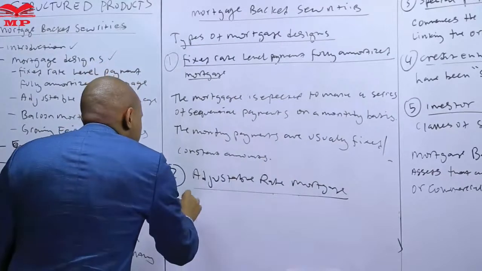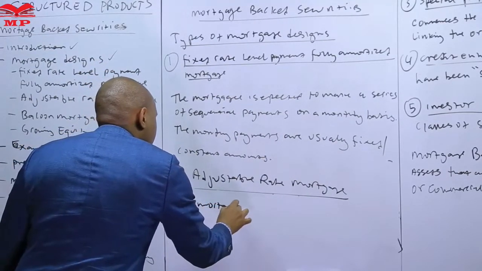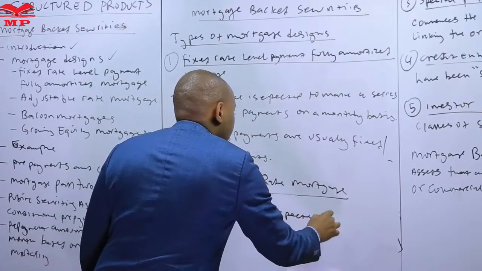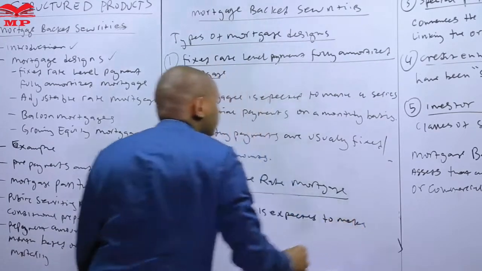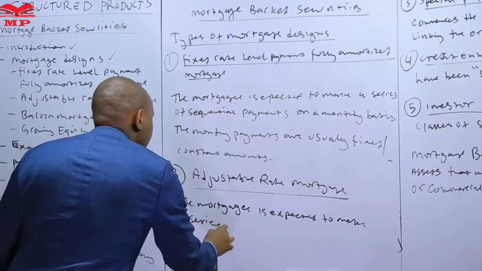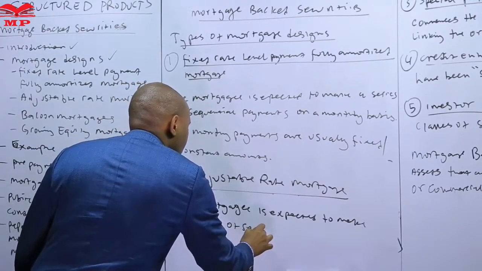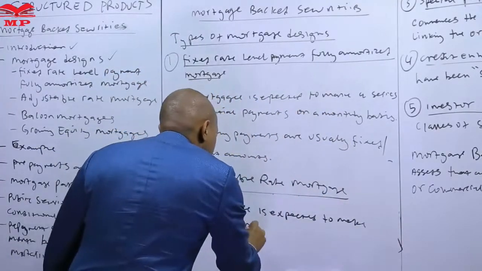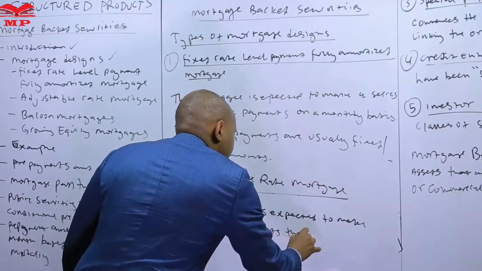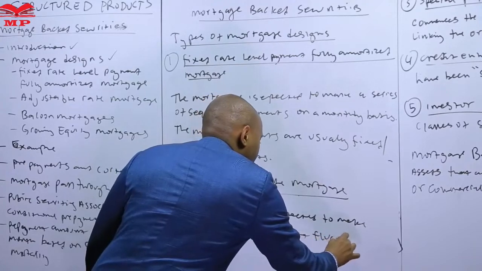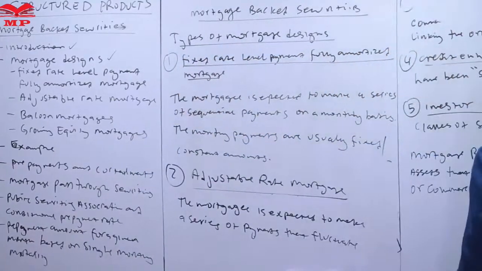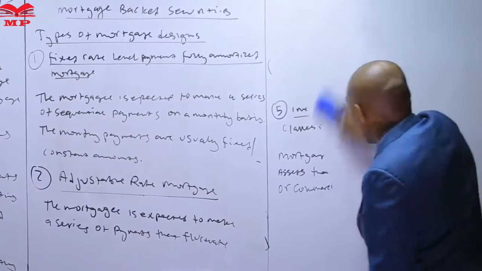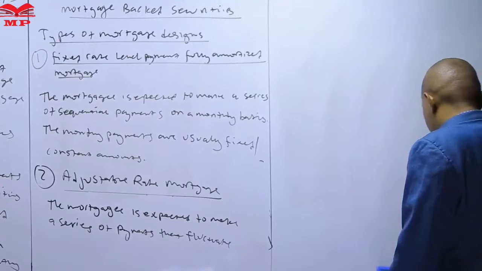So we say the mortgagee is expected to make a series of payments that fluctuate depending on the performance of the economy and the prevailing mortgage rates.